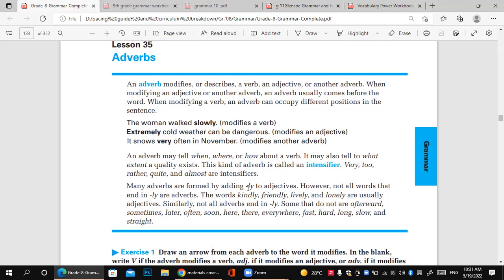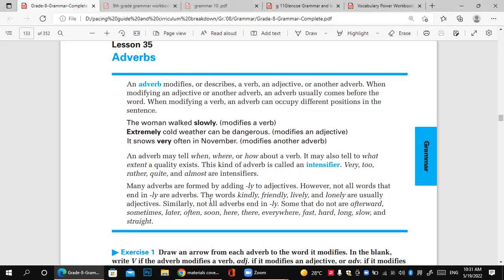However, not all words that end in ly are adverbs, and there are many adverbs that do not end with ly.